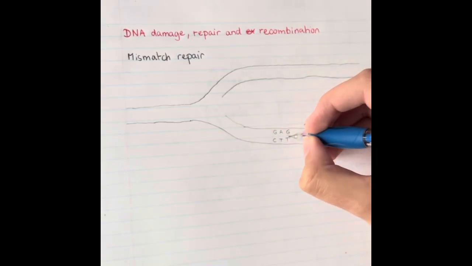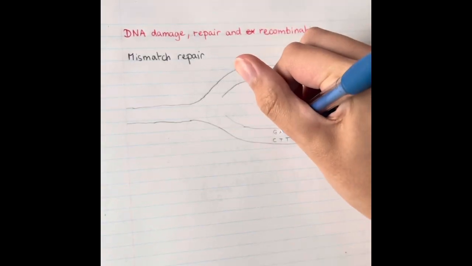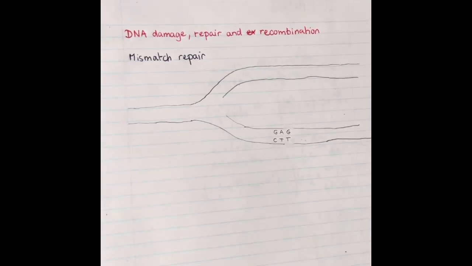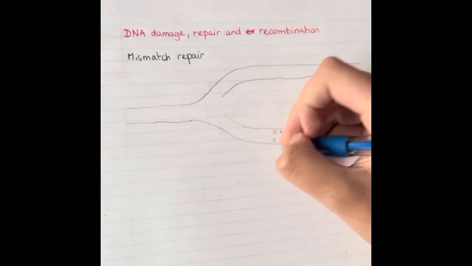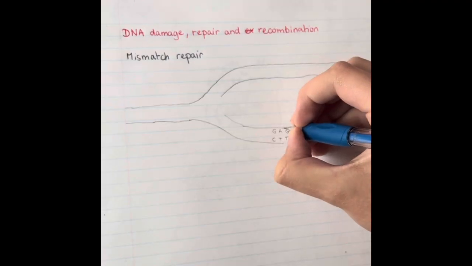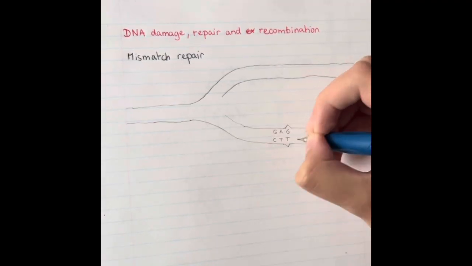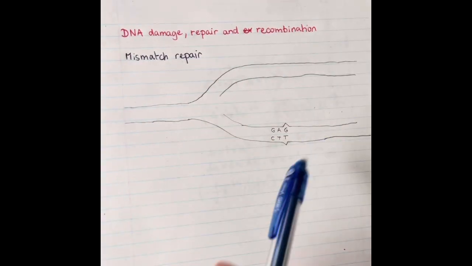For example, G paired with T. Well, because it's not matched properly, it's going to distort the strands, right?